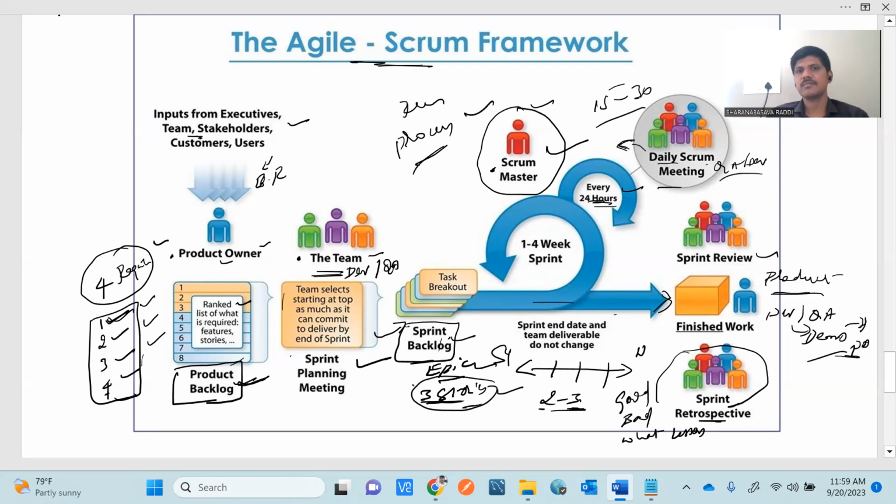This Agile Scrum process should be maintained properly, and for that, the Scrum Master has the responsibility.